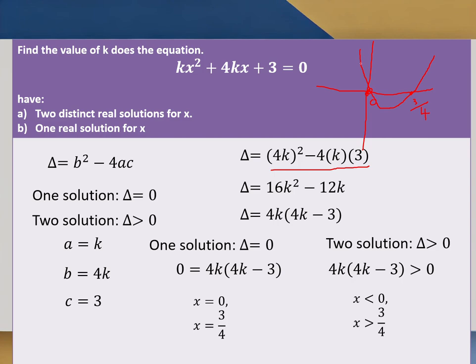So we've got two parts that are going to give us an answer that is greater than 0. And if we want it to have no solutions, then we will be looking at this bottom part here. So between 0 and 3 over 4.